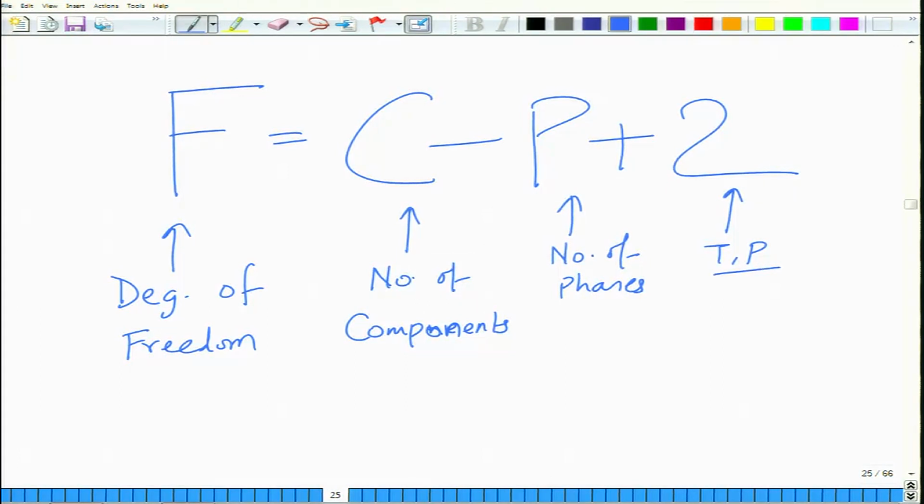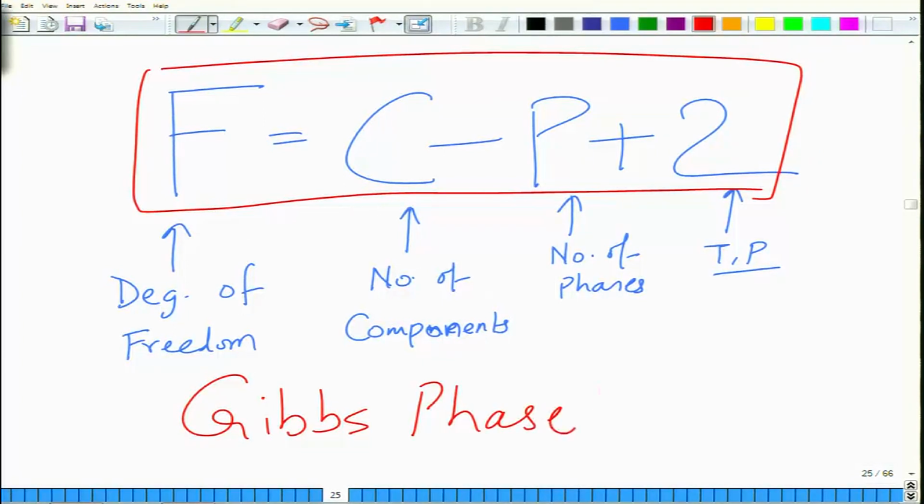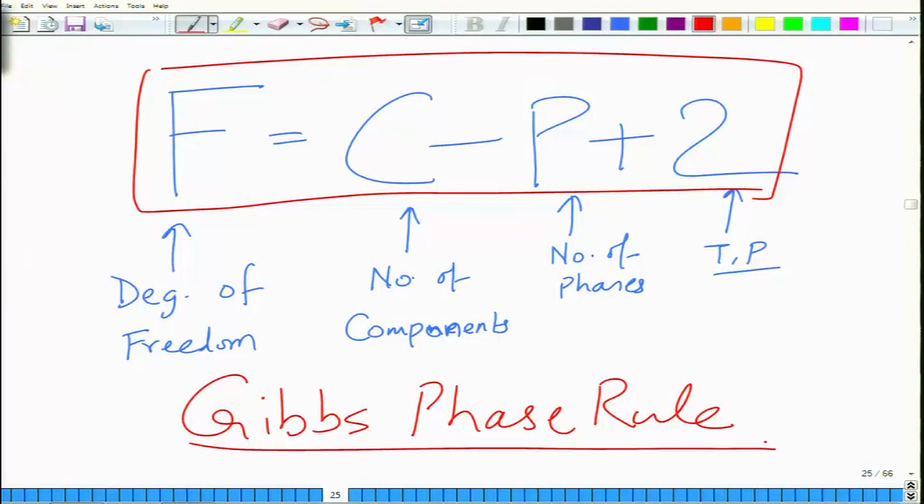So this equation is called the Gibbs phase rule, which correlates the number of components and the number of phases with the degree of freedom, with temperature and pressure being 2 other variables.